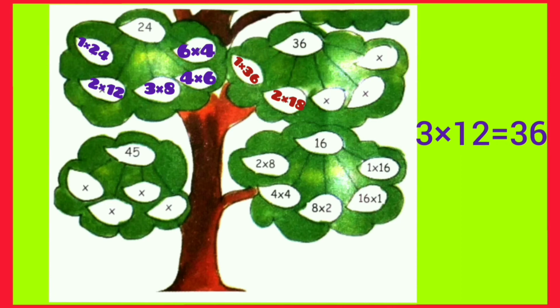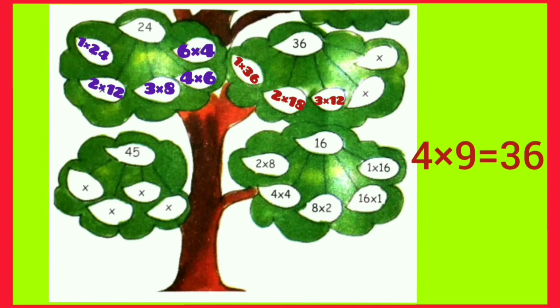Write 3 into 12. Next, yes, fourth table. 4 into 9 equal to 36. Write 4 into 9. Next, fifth table.